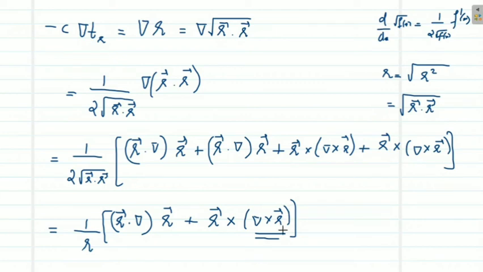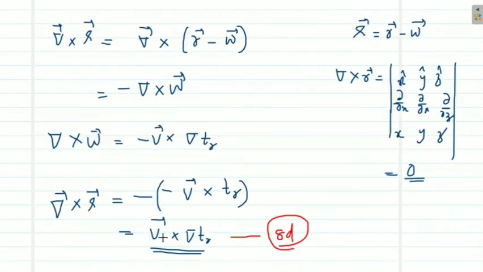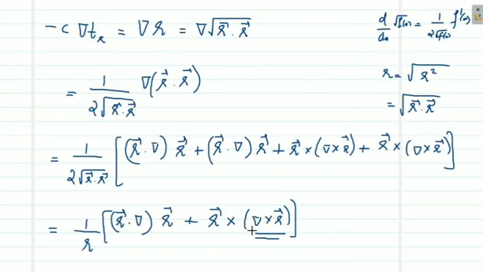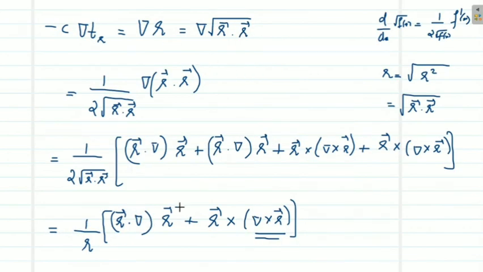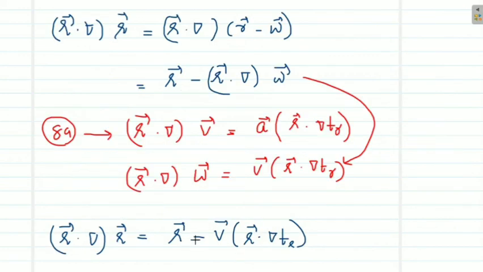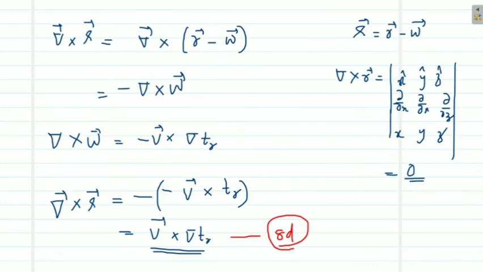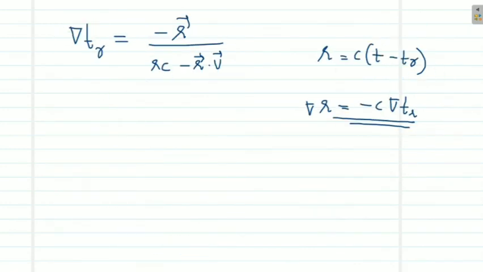We have already found that del cross r bar in our equation 8d. So we have seen that del cross r bar is equal to v bar cross del tr. So let us substitute into this second term as well as into this first term their respective substitutions. For r bar dot del of r bar, we have r bar minus v bar into r bar dot del tr, and here for del cross r bar we can substitute v bar cross del tr.